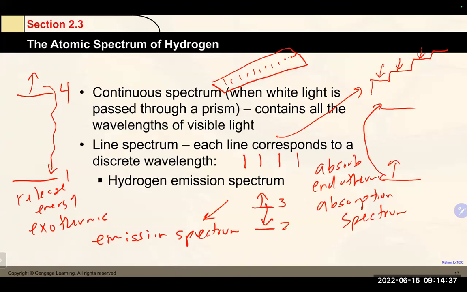Which one should have the shorter wavelength? The first one should also have the shorter wavelength, which would correspond to a color perhaps towards the violet or blue side of the visible part of the spectrum if it came off there.